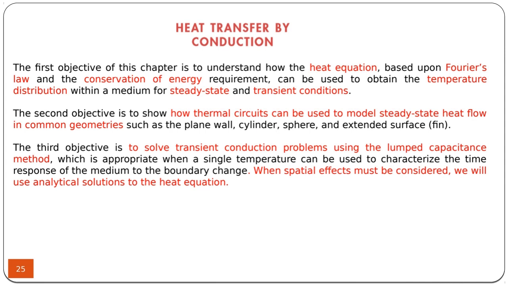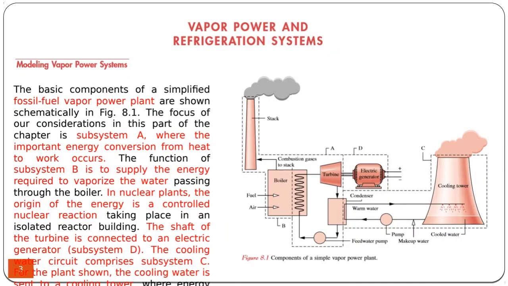Now let's do a quick review of the previous chapters. The first chapter is chapter 5, which is the vapor systems in power generation and vapor systems in refrigeration.